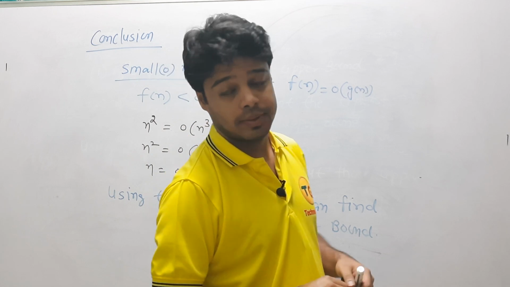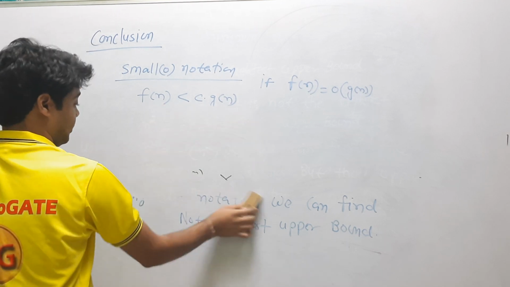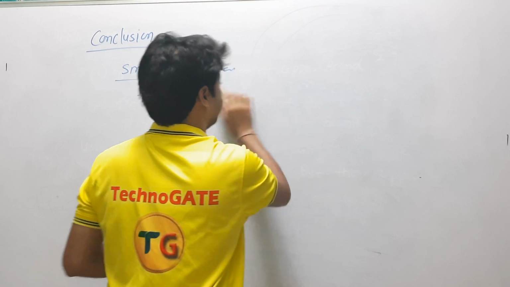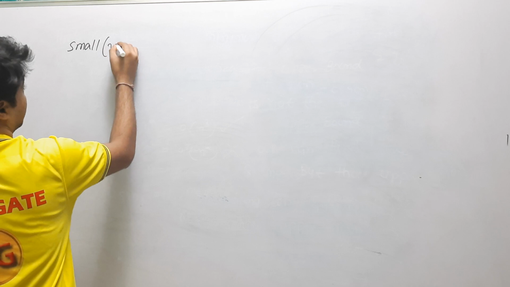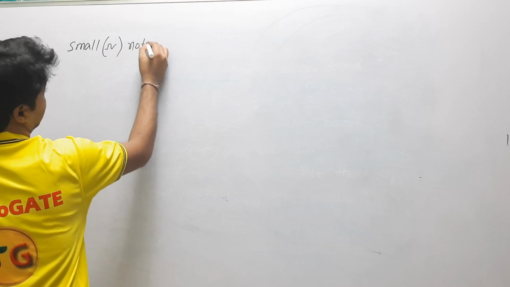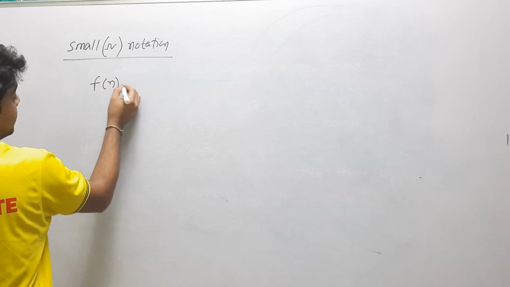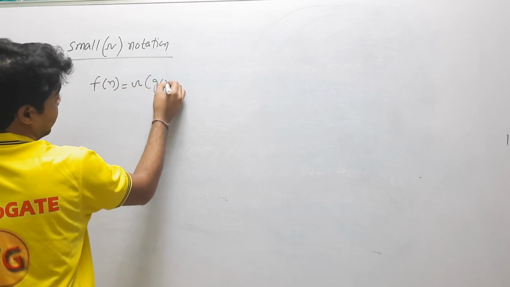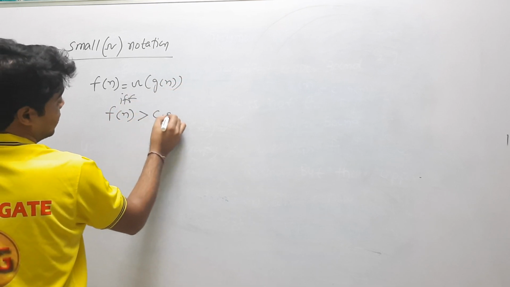Okay. Next one is the omega notation. Let's see small omega. Here Fn is small omega of Gn if and only if Fn is greater than C dot Gn.